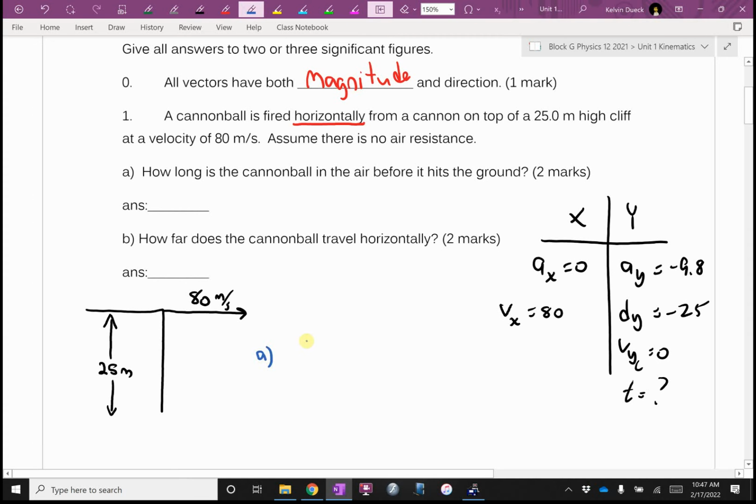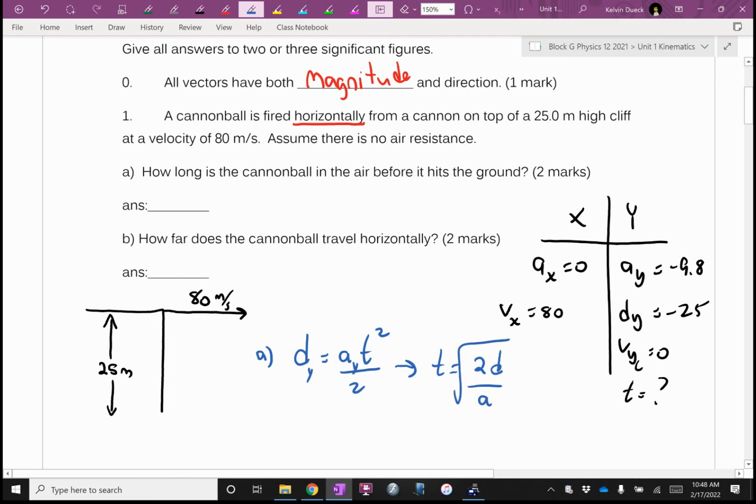In fact, I think it's going to be d equals at squared over 2. VIT vanishes. And although this is a quadratic, this is an easier quadratic, I can get the t by itself. I don't have to use the quadratic formula. You could, and you get the right answer. I'm going to go t equals the square root of 2 times d over a.